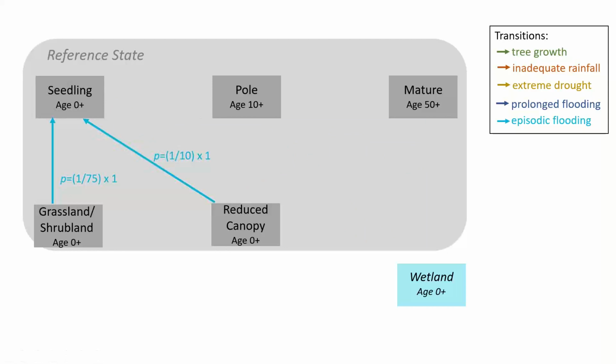And the episodic flooding is the last transition. I don't know why these two numbers are different, but they are. Well, I guess we have the probability of 1, so we kind of just inferred the net effect of the flooding on the probability. But you can see that you get the idea anyway. The numbers, as I mentioned earlier, aren't critical to the exercise.